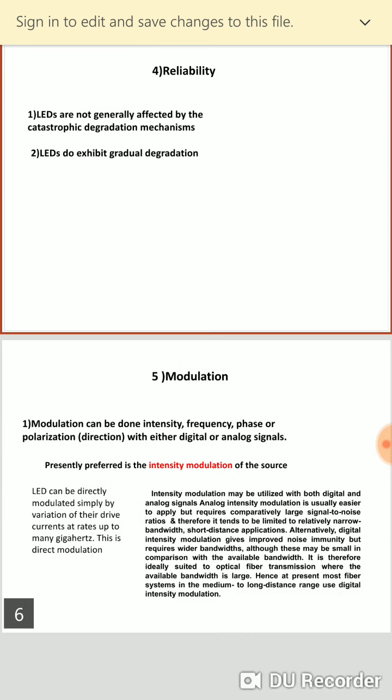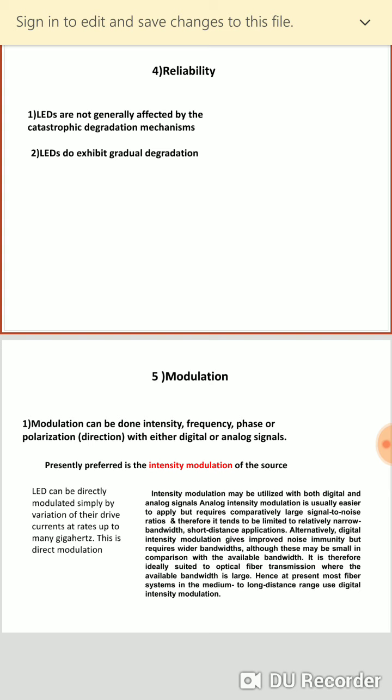Then the fifth parameter is modulation. As we discussed shortly in the third characteristic along with modulation bandwidth, what is the concept of modulation of light? For modulation we require two signals. Again, a short note is separately asked based on LED modulation or laser modulation.